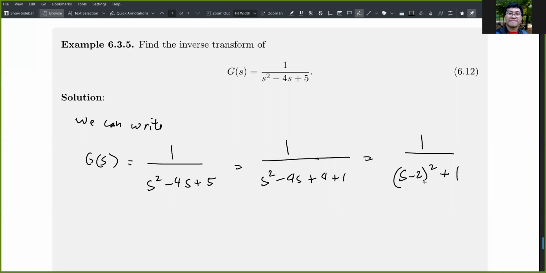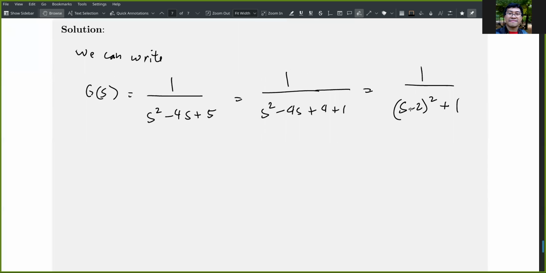So you see, we can change this into one single variable.